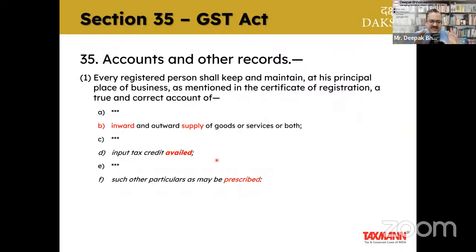Now, if I look at section 35 of the GST Act, which talks about accounts and other records which a registered person needs to maintain, right? There may be a situation that your client is not registered under GST. Then frankly speaking, section 35 is not applicable to him at all. Similarly, Rule 56 will not be applicable to that client.